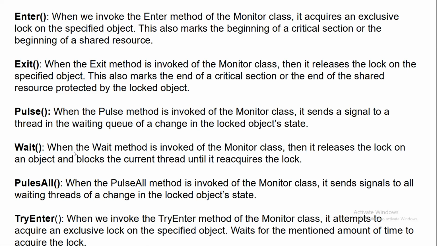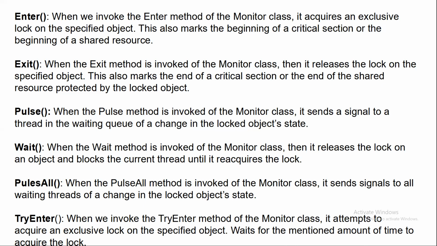So Wait method means, let's say thread one entered into a particular piece of code, the critical section, and it requires some other operations to perform. The thread has the capability to release the lock for some time so that other threads can use this particular code for the time being.